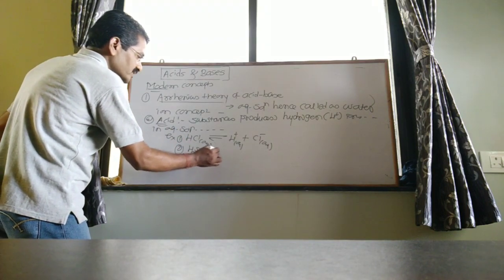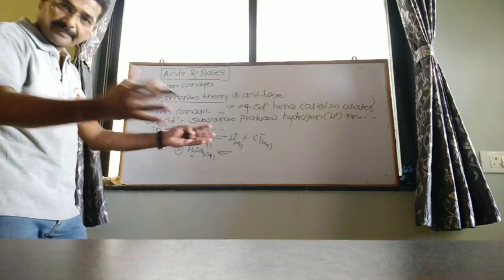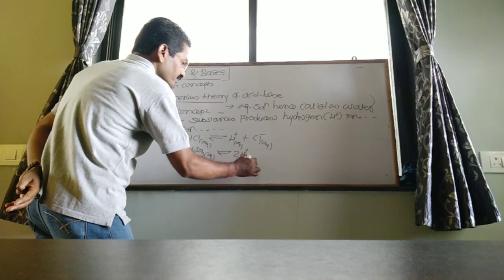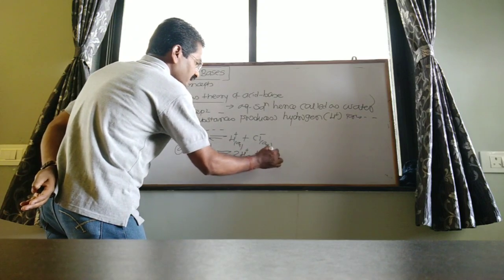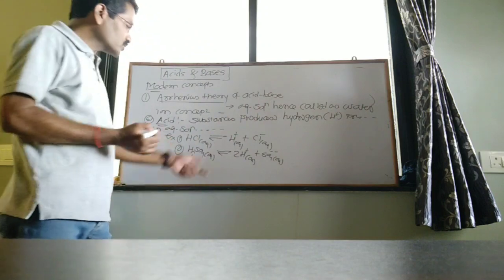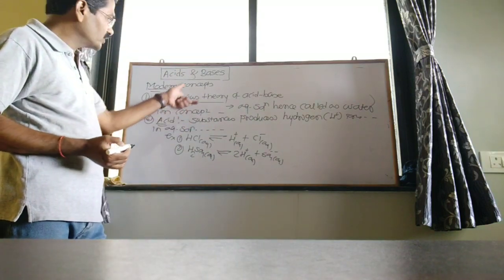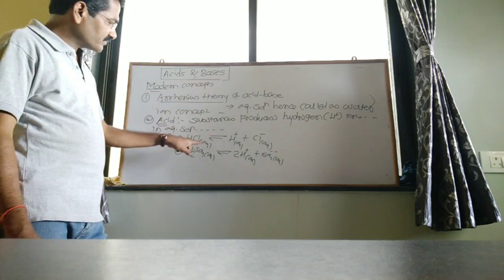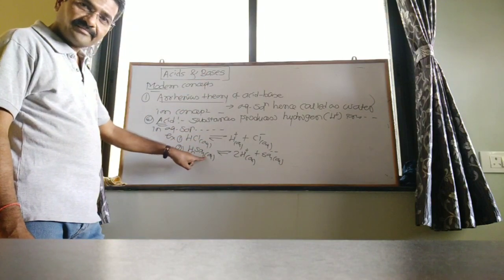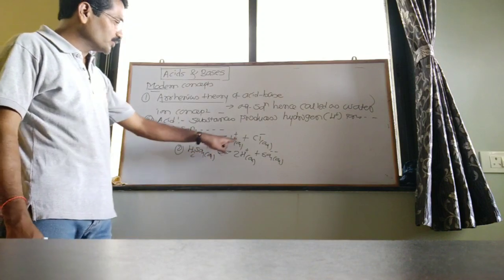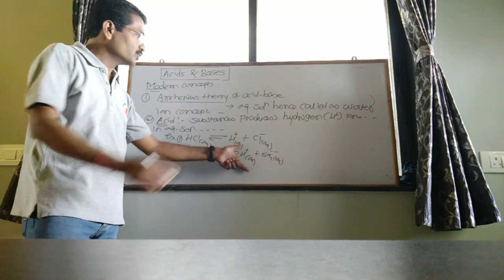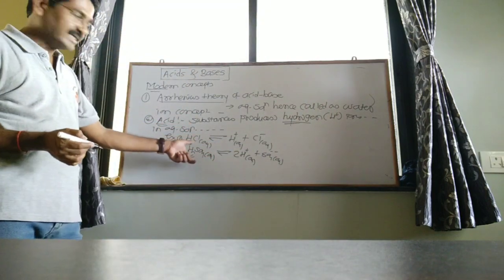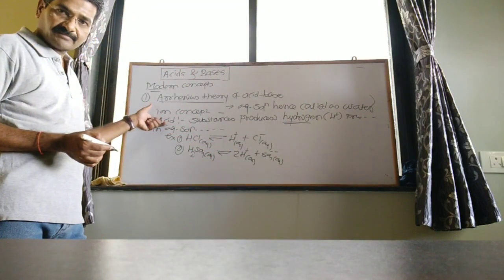When dissolved in aqueous solution, it breaks up to give 2H plus ions and SO4 2 minus ions. So both these examples are acids according to Arrhenius, because HCl and H2SO4 produce H plus ions in aqueous solution.